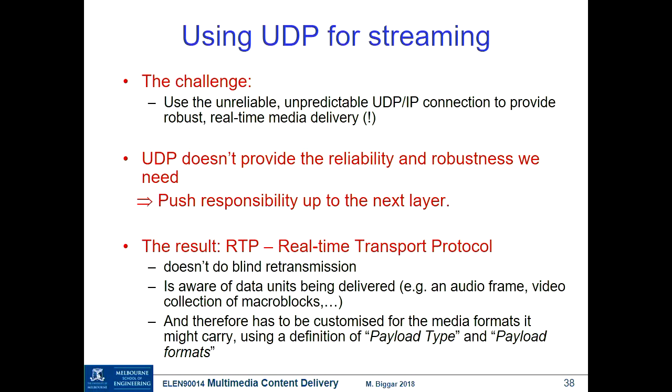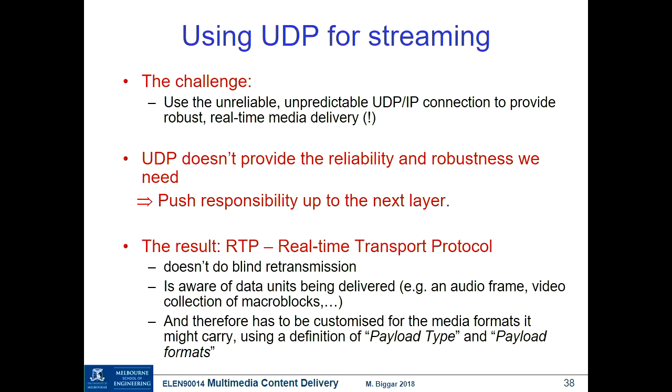But a big role that RTP has is that it's aware of the data units that are being delivered. So it knows where an audio frame is. It knows that there's a video collection of macroblocks, for instance. And so it tries to customize the packetization of this data in such a way that it is decodable independently of all the other packets.